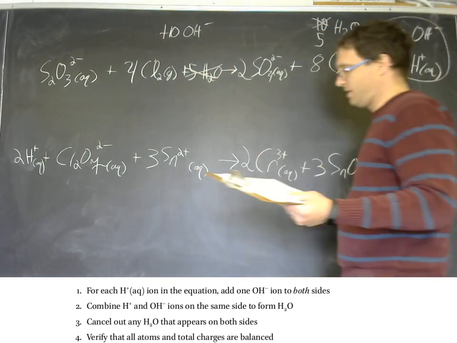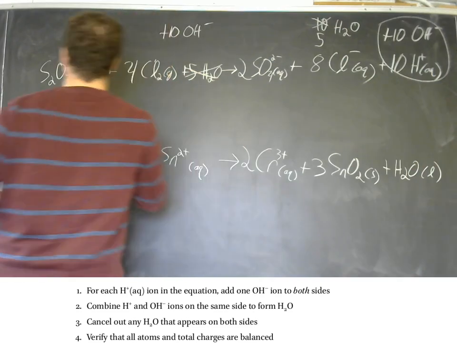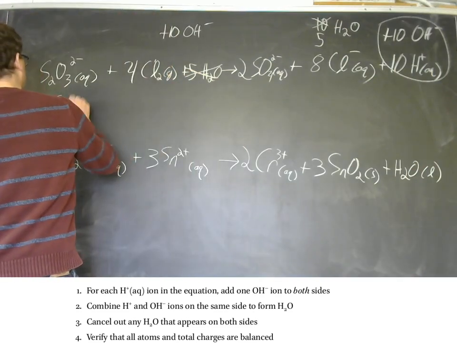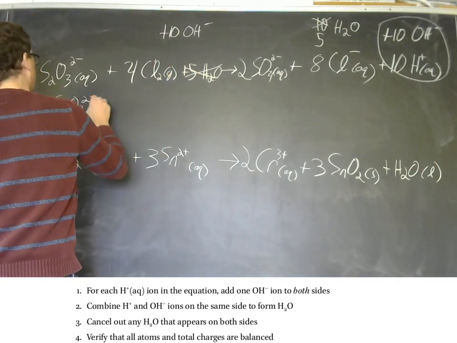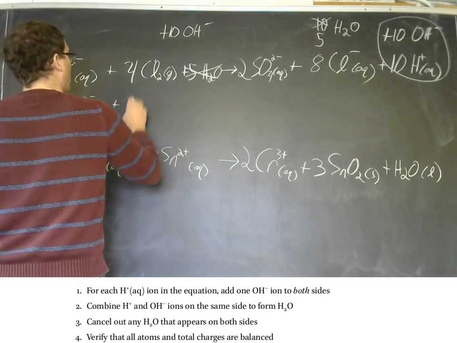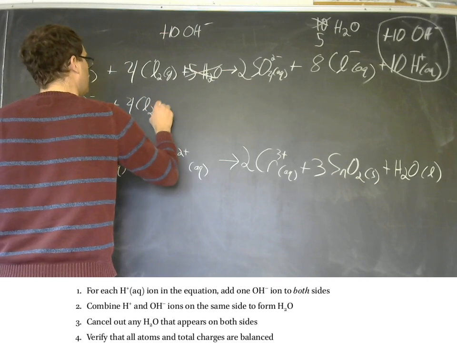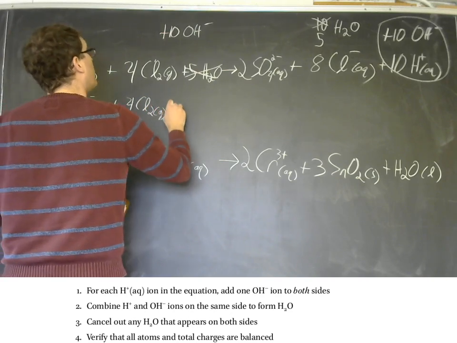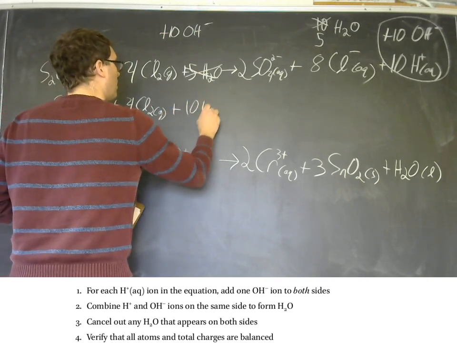In the end, I'll rewrite the balanced equation. We have S2O3 2 minus aqueous plus 4 Cl2 gas plus 10 hydroxide ions.